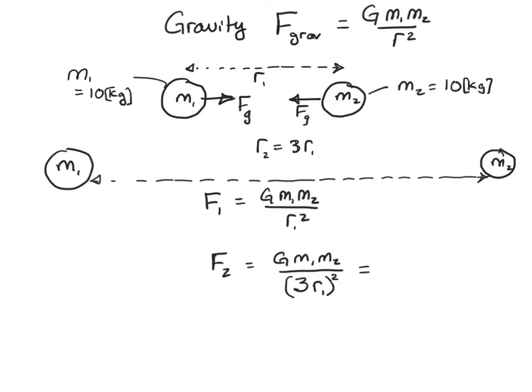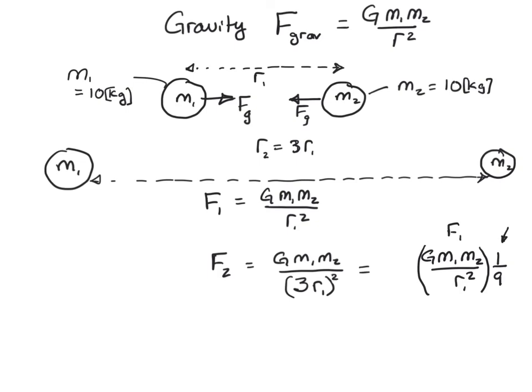So when I do that, I can see I'm going to have G M1 M2 all over R1 squared. That's the old formula. And now I'll square the 3, and that makes it 1 over 9. So this thing right here was the original force, F1. Now that I've moved it, I've dropped it by a factor of almost 10.